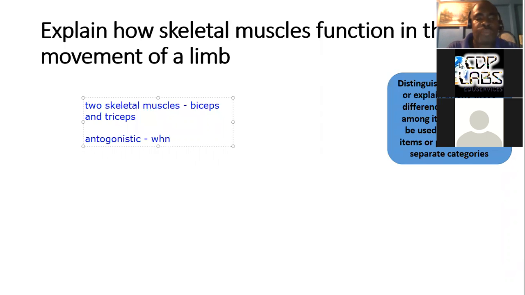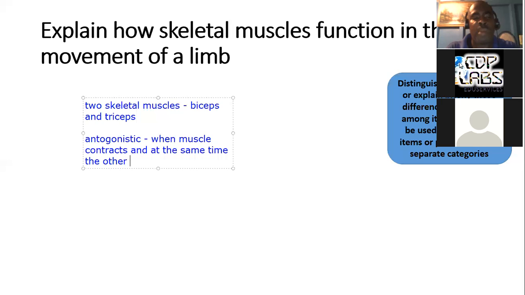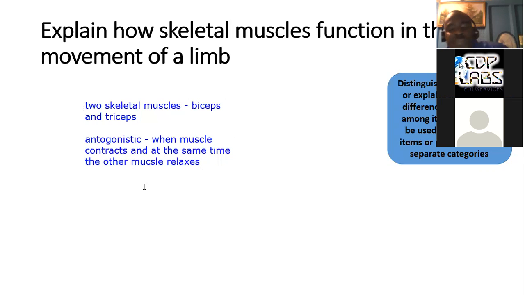When one muscle contracts and at the same time the other muscle relaxes, right? Not bad. That is how you explain how the skeletal muscles function in the movement of a limb. You want to make notes of that? Do that quickly.